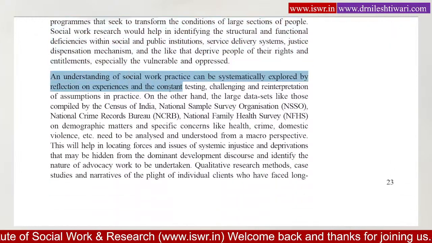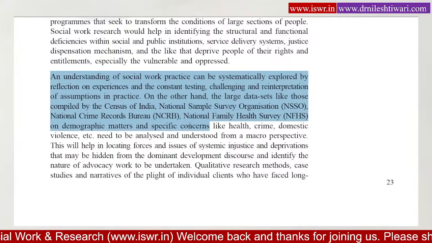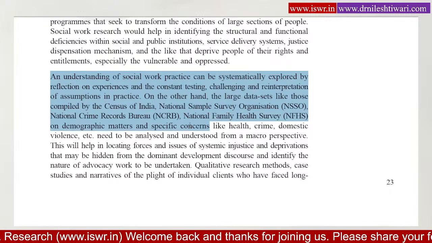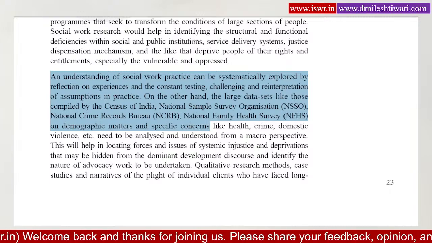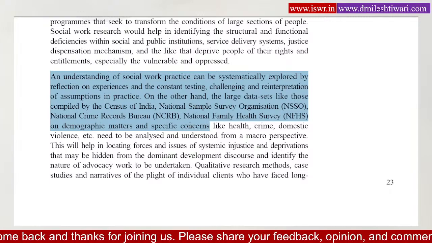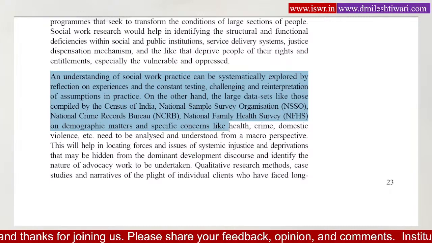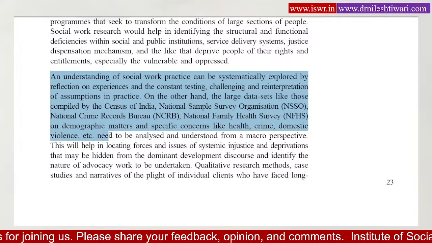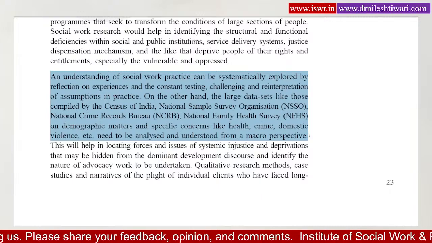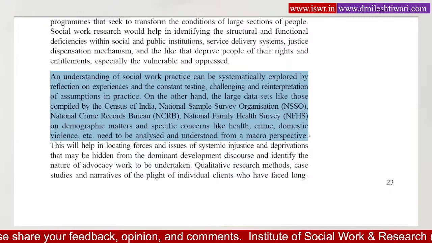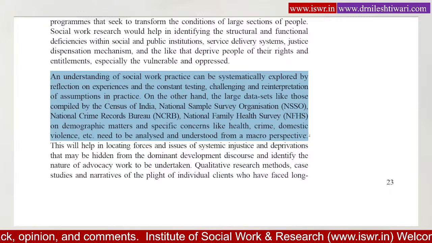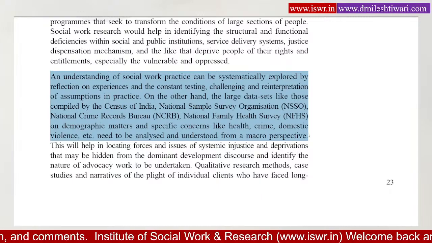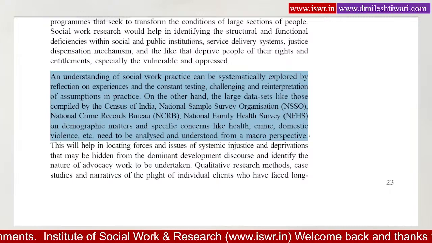Now, an understanding of social work practice can be systematically explored by reflections on experience of constant testing, challenging, and reinterpretation of assumptions in practice. For example, this says this thing. Please note this thing and then I will explain it. The data from the Census of India: every 10 years, after a decade in India, we have a census.